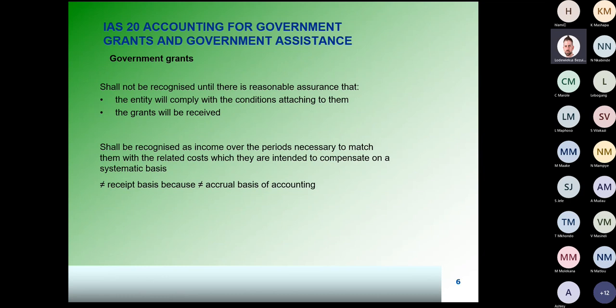It will be 5 years or 20 years or whatever the case may be, and that information will be given. So important here is to remember it's on a systematic basis, and we recognize it as income over the period necessary to link or match the cost of the asset that was purchased, or the income-based one where we subsidize the salaries over a certain period of time.